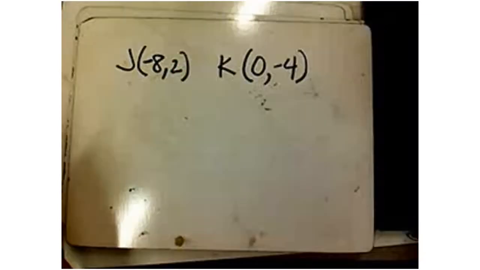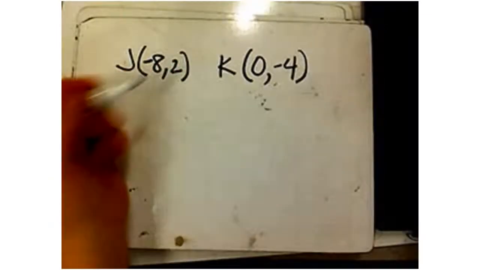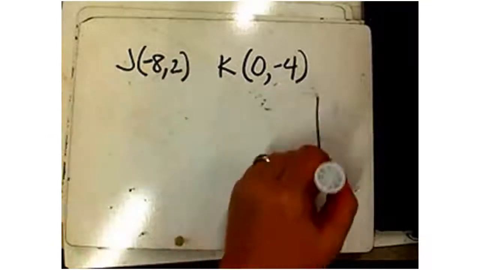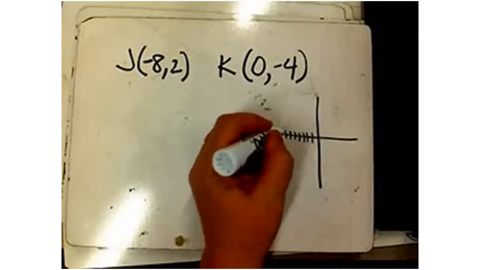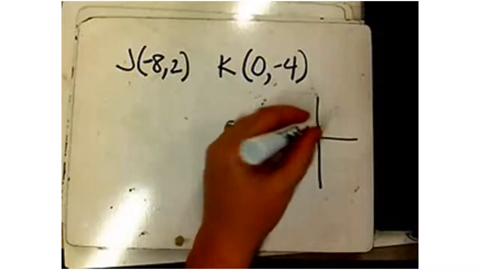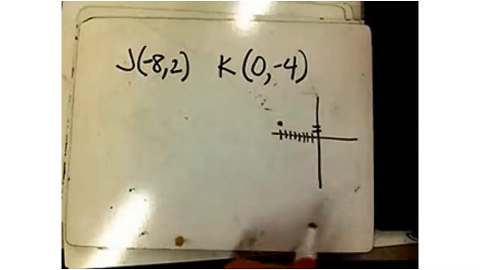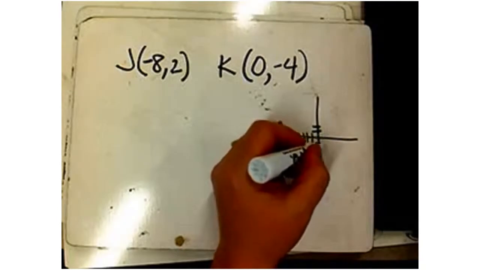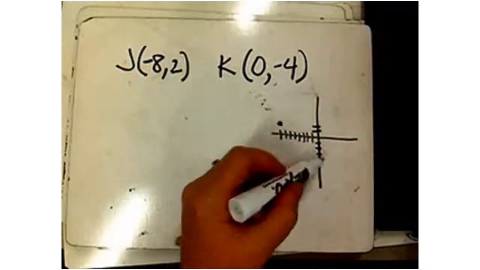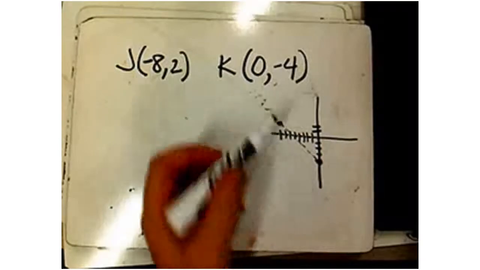And then if we plotted those, we would want to find the distance between those. If we put a point at -8, 2, I'm just making a funny little graph on my board. And then 0, -4. We'd want to find the distance between those 2 points.